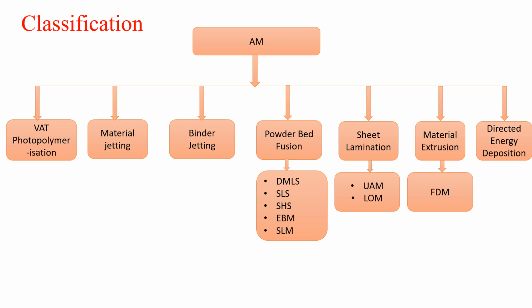Next one is sheet lamination, which again has 2 subtypes: UAM, ultrasonic additive manufacturing, and LOM, laminated object manufacturing. Next one is material extrusion, that is FDM, fused deposition modeling, and the last one is directed energy deposition. We will see in short what these different classifications mean in the next slide.